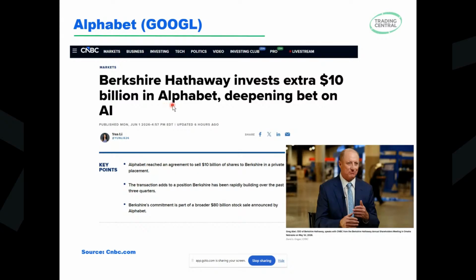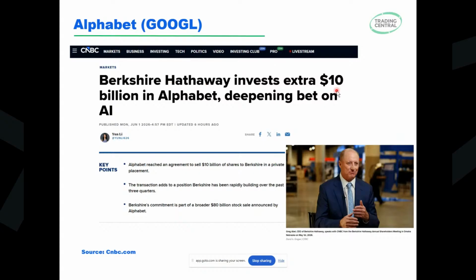In fact, maybe you don't know that it is the second batch of investment Berkshire Hathaway made in Alphabet in recent time. Maybe 2 weeks ago, it revealed that Berkshire held a big stake in Alphabet.